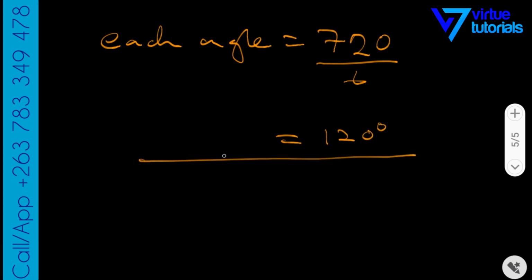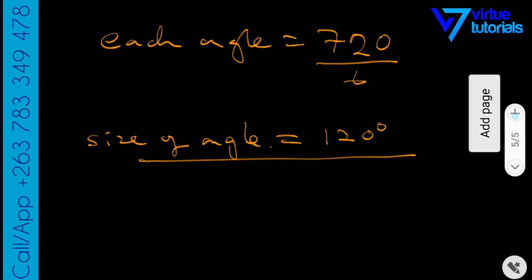So the size of the angle that was measured was 120 degrees, because for a regular hexagon, all angles are 120 degrees. Okay, so let's proceed to another example.